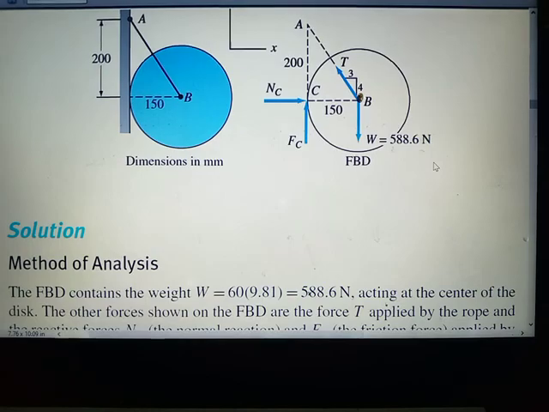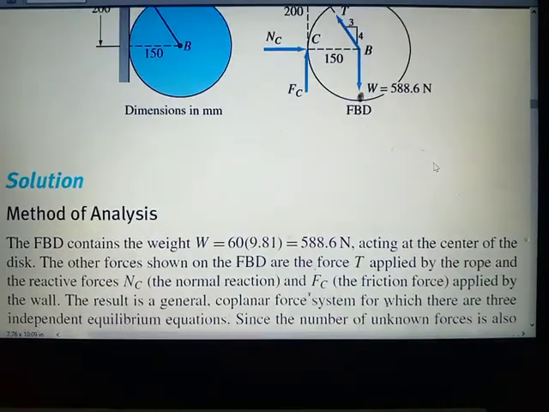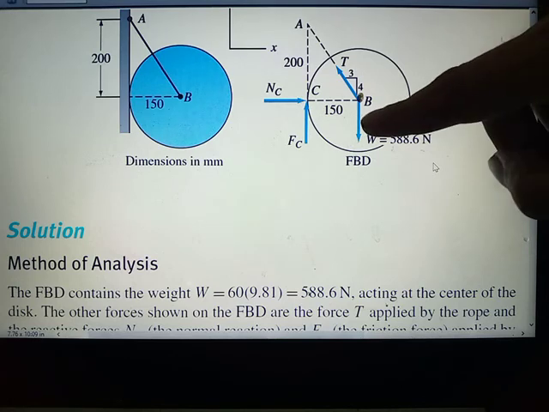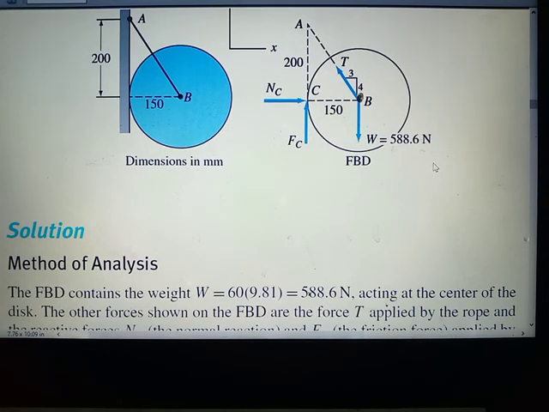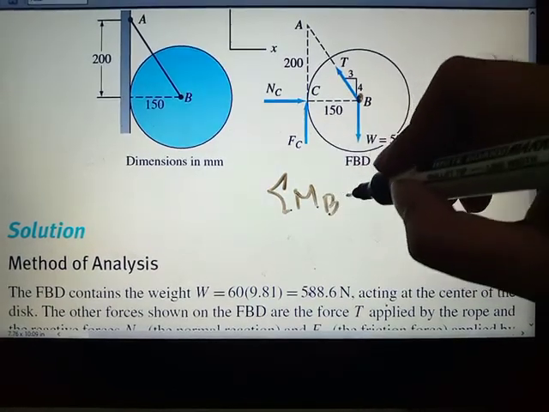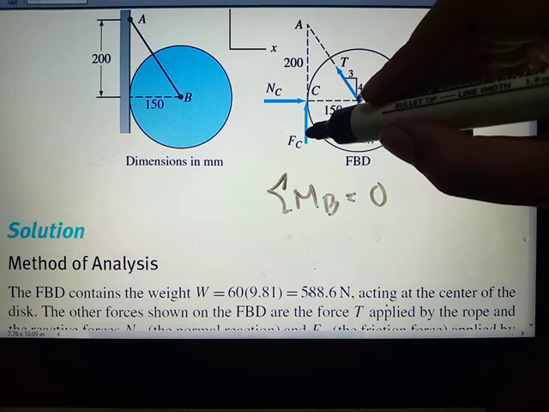If we sum up moment at B equal to 0, it gives FC equal to 0. Why? There are no other forces. If we sum up moment at B equal to 0, only FC has the moment arm.